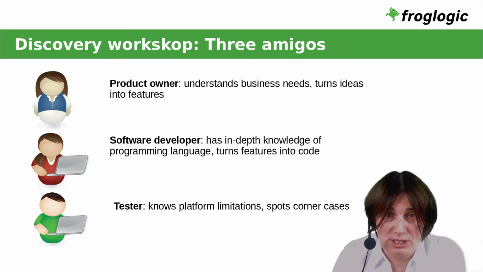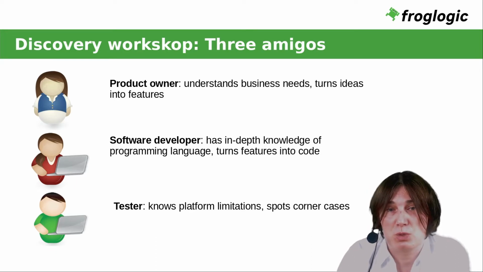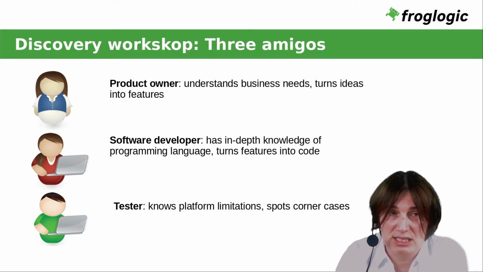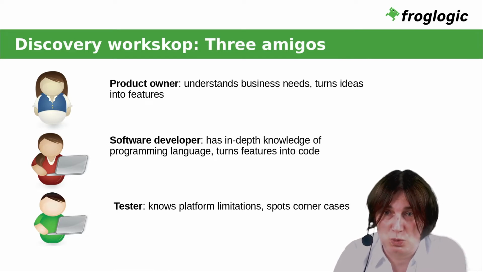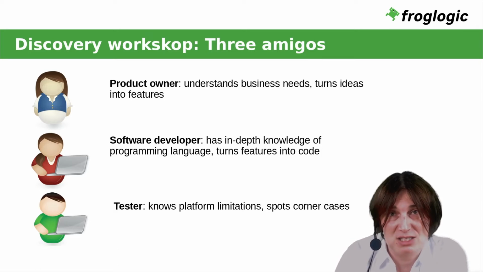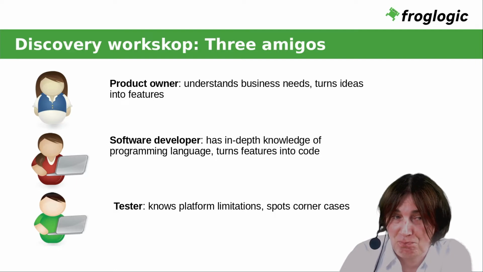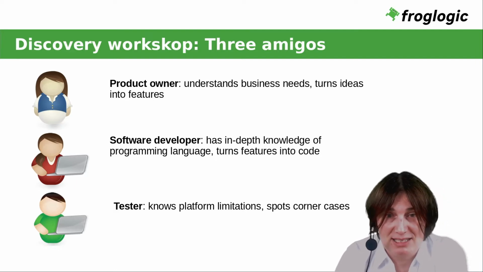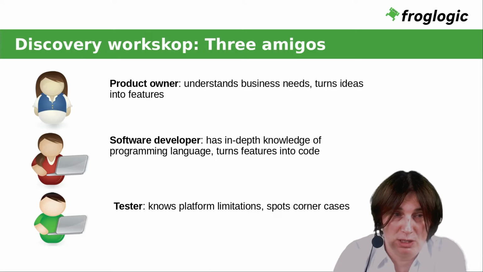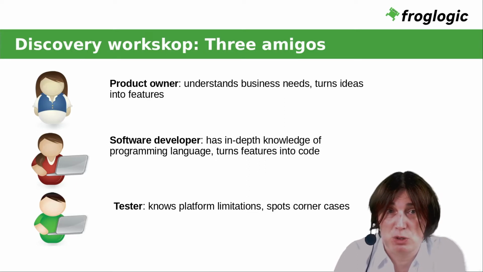The product owner is someone who knows the business and understands their needs, and who will translate those business needs into the features, into some sets of specifications that need to be built. Software developer, on the other hand, is someone who has in-depth knowledge of programming language or languages and looks at those features presented by the product owner and turns them into code.